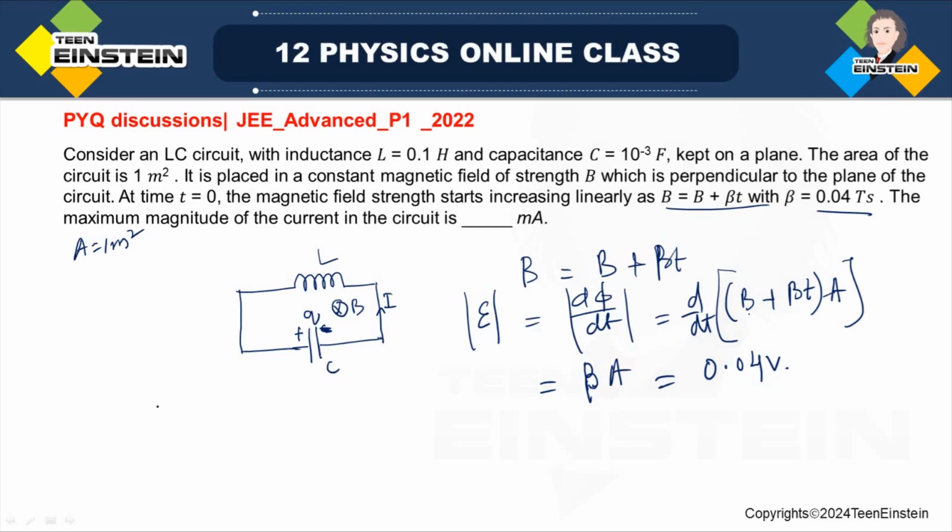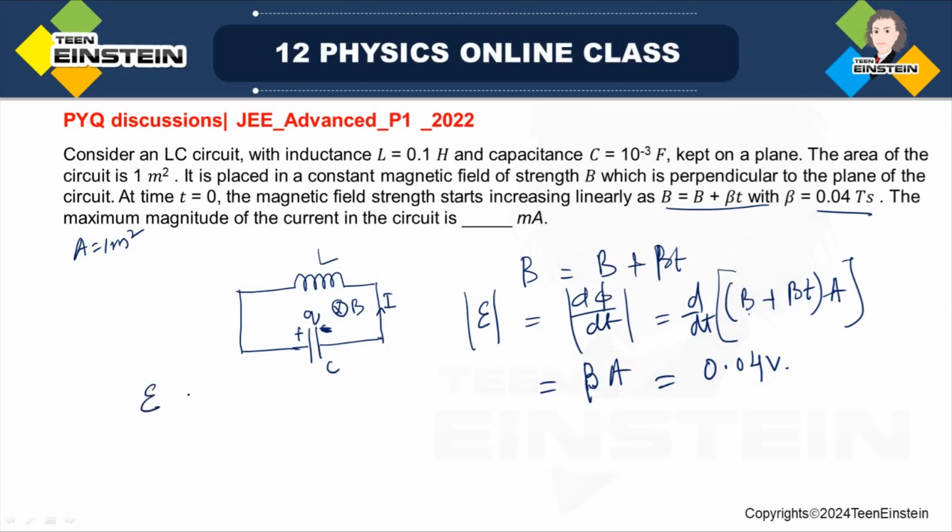So to find that, I have to write down the equation of EMF using Kirchhoff's voltage law or KVL. So if we write that equation, let us see what we get.